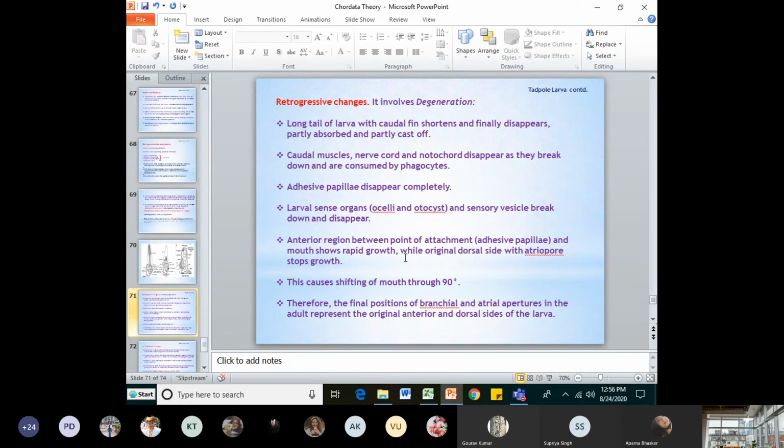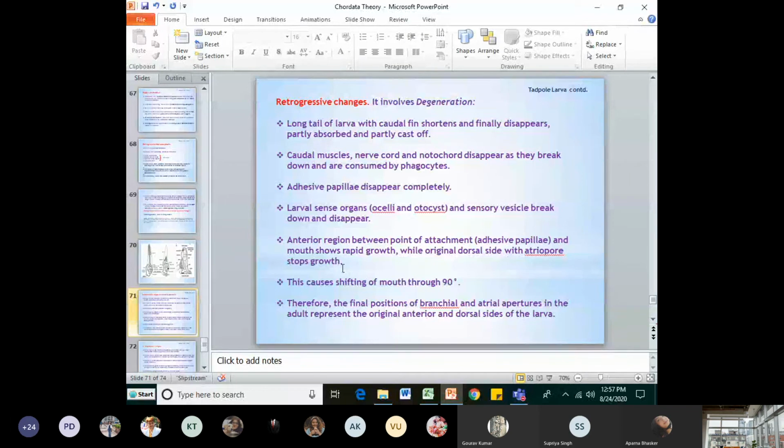dorsal and ventral side and the anterior and posterior side were obliquely arranged in the adult urochordates. So why does this happen in the adult body? This happens because the mouth shows rapid growth. The anterior region between point of attachment and mouth shows rapid growth, while the original dorsal side with atriopore stops growth.